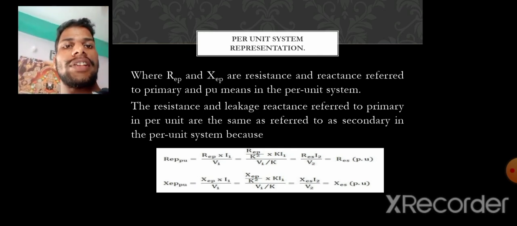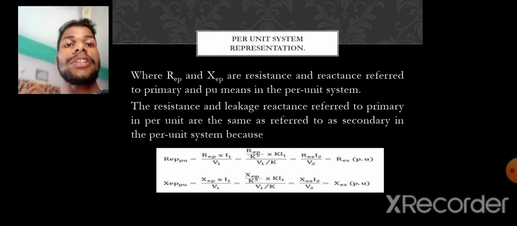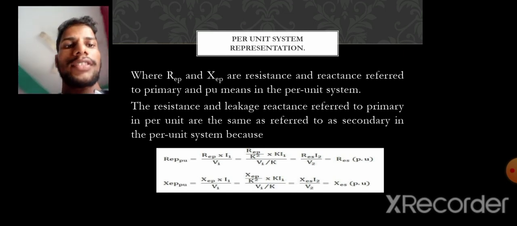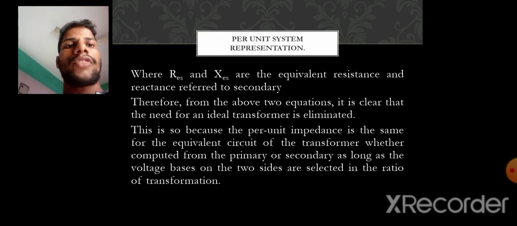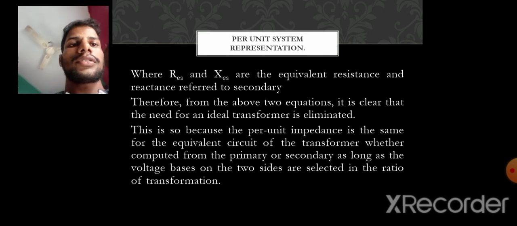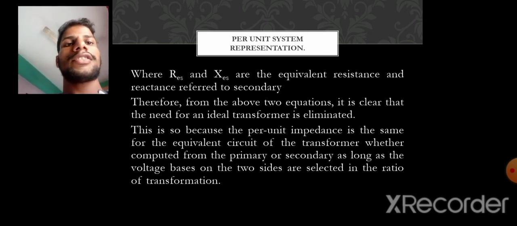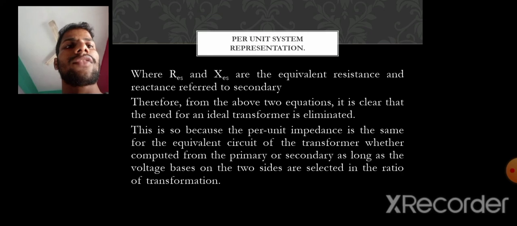And the equivalent reactance per unit is equal to X equivalent into I1 by V1, and X equivalent is X_ES by K square, into K into I1 by V1 by K, which is X_ES I2 by V2, which is X_ES per unit, where R_ES and X_ES, the equivalent resistance and reactance, are referred to the secondary. Therefore, from the above equations, it is clear that the ideal transformer is eliminated.